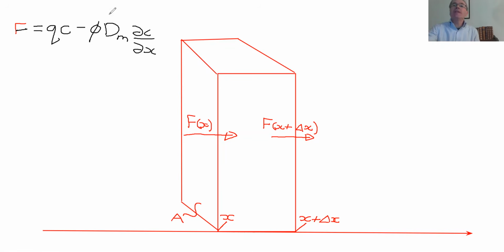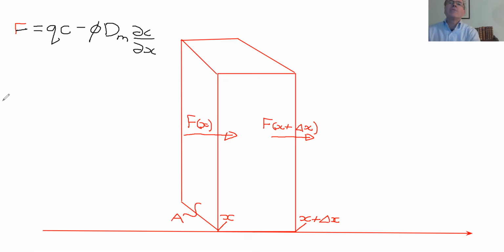This second term here, phi D_m dC/dx, is from Fick's law of diffusion applied to a porous medium. Phi is the porosity, D is the molecular diffusion coefficient, dC/dx is the concentration gradient. For those of you who saw my previous video, this is where this was first presented. So this is my flux.